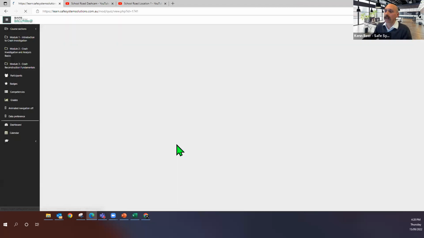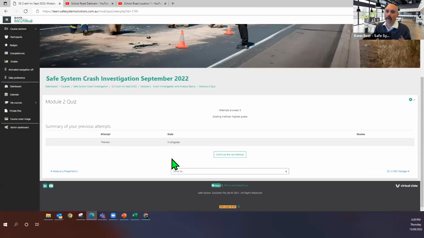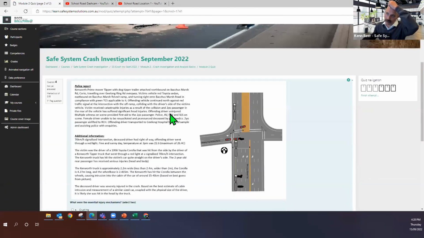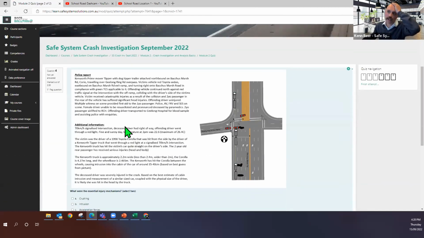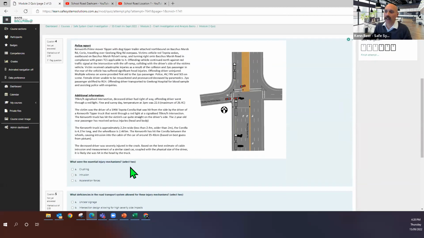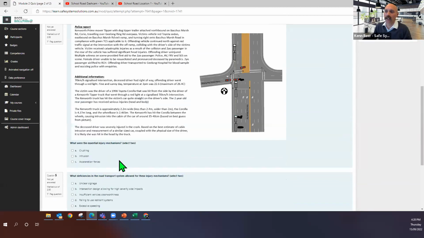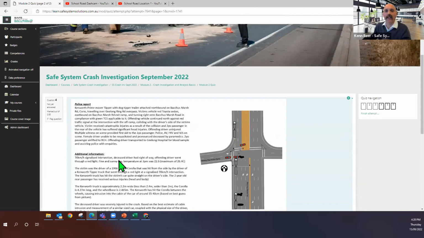You might be using these combined, and then you jump into the quiz, and you can see there is a crash that's happened at a location where you have footage. You have the ability to dive into that site, and you've got some questions. Remember, you have 3 attempts at this. You've got to get more than 80%, but you've got three goes at it.